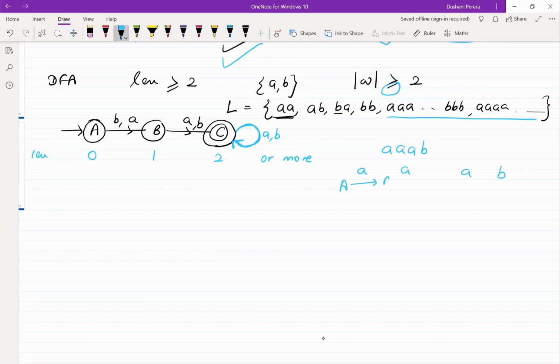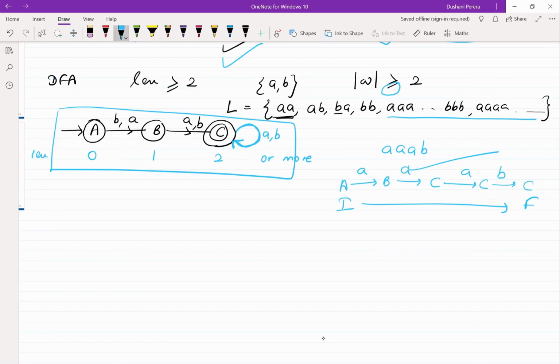When I get A, I go to B, then I go to C. I'm at C, I come back to C. This is the initial state, this is the final state. I go from initial to final, accepted. Okay, right. So this automata will accept the strings which are of length greater than or equal to 2, at least 2.